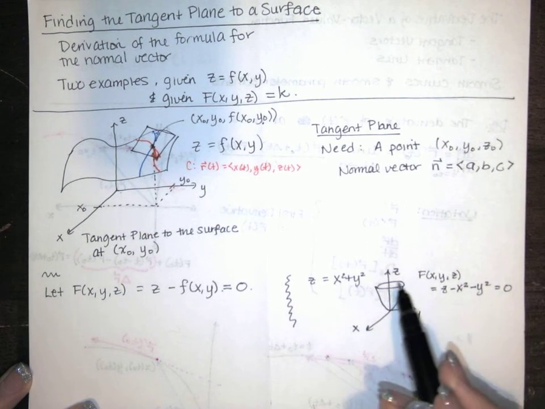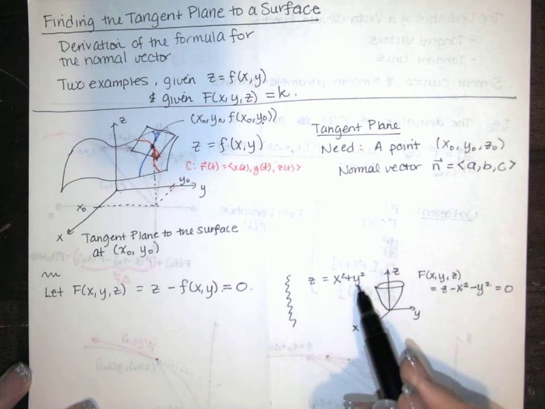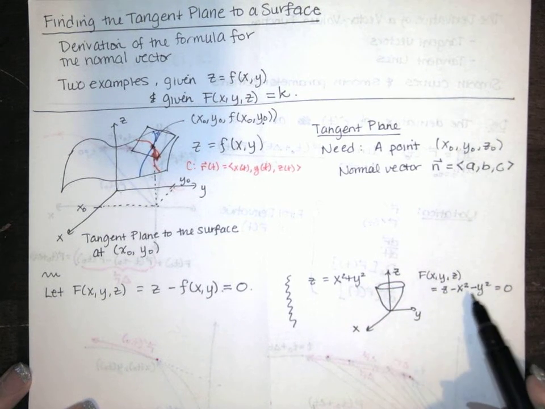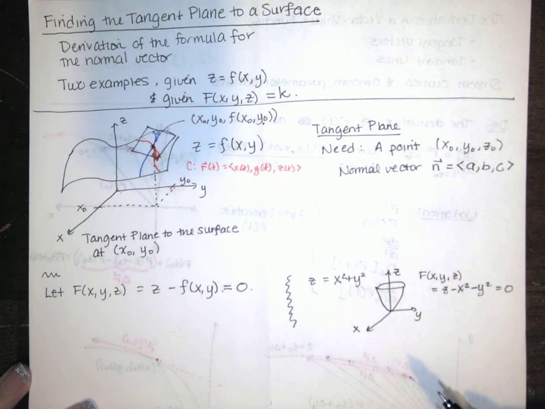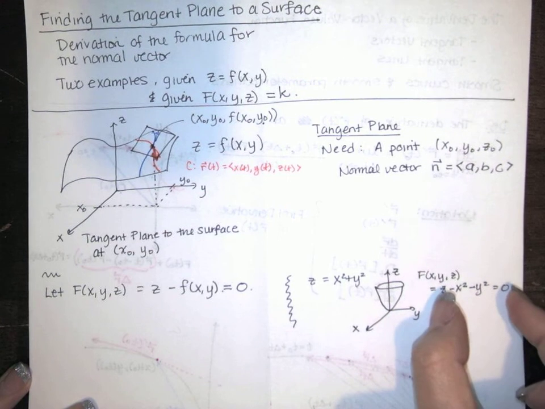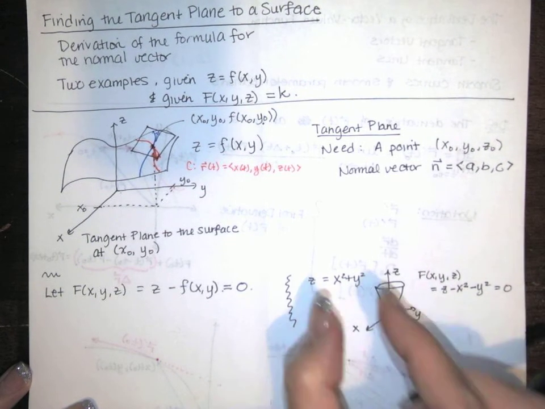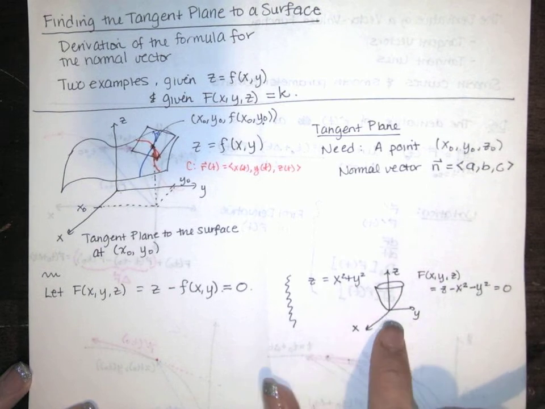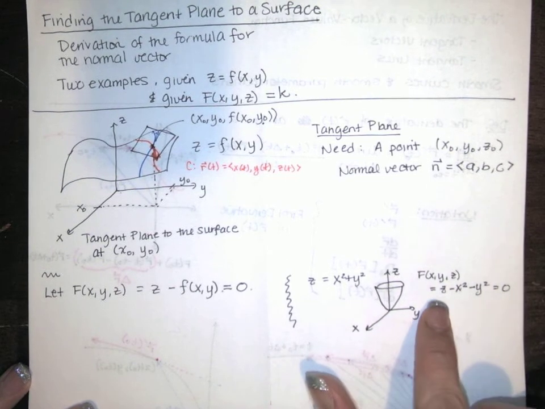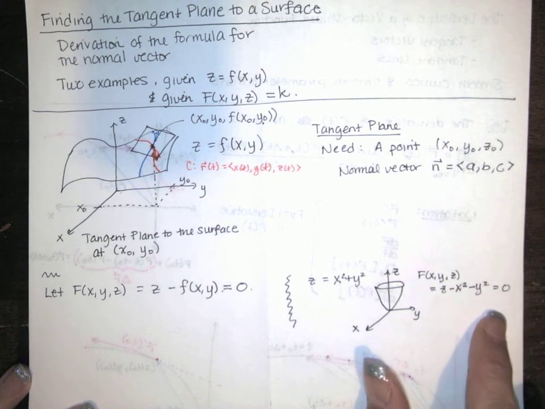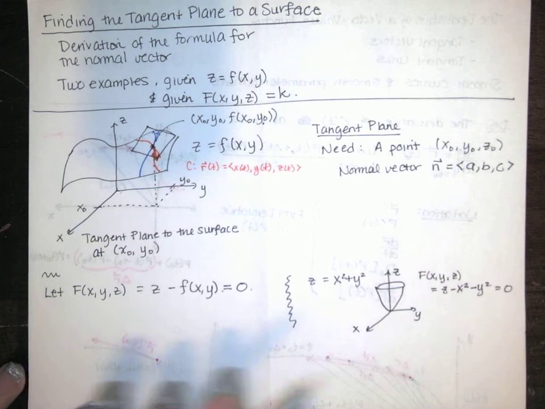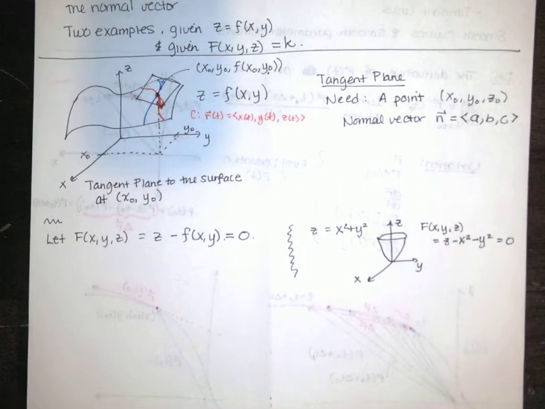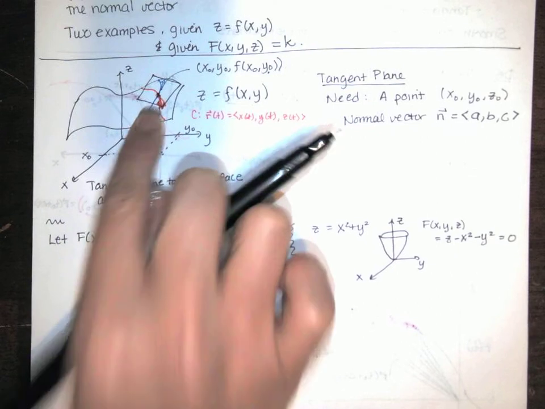So rather than describing this surface this way, we're going to describe this surface this way, as z minus x squared minus y squared equals 0. I know that you can see that this equation is equivalent to this equation. We're just thinking of it differently. Instead of thinking of a function of two variables, we're thinking of this surface as represented by a level surface of a function of three variables. Okay, so keep that in mind. Now let's say we're interested in finding this tangent plane at x naught, y naught.